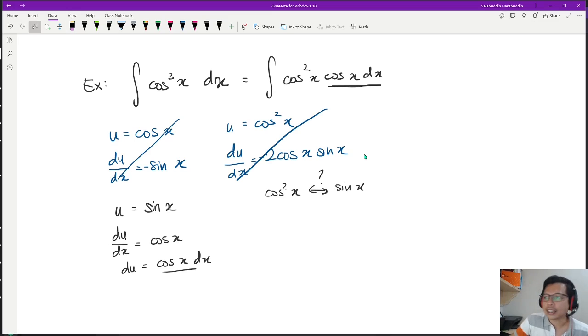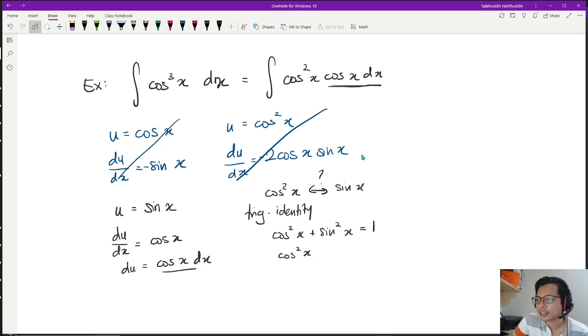I think you can find some trigonometric identity. You know that cosine squared x plus sine squared x is equal to 1, so cosine squared x is equal to 1 minus sine squared x. Are you familiar with this trigonometric identity? I hope you do.